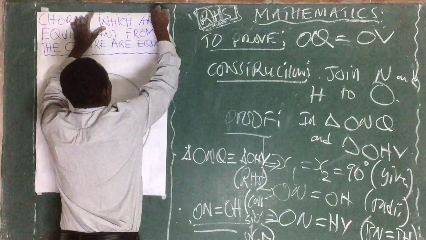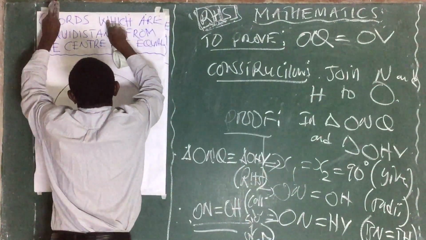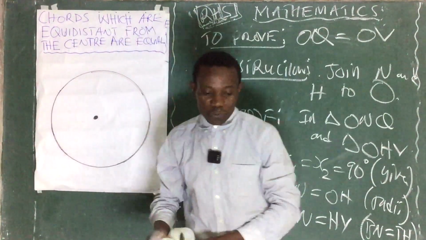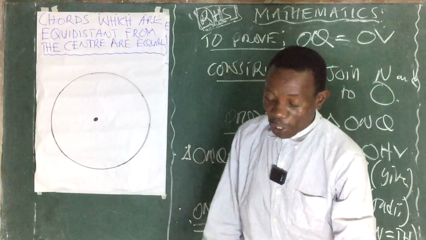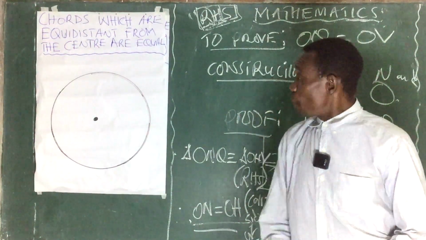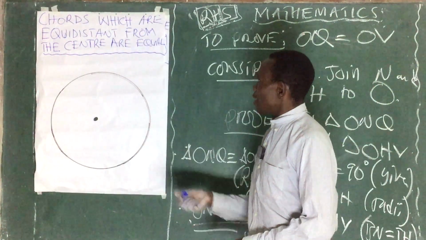In case you might be asked to prove the opposite way, that is, now you have chords which are equidistant, how can you prove that the chords are equal? So in the converse of the first property, equal chords are equidistant, now the reverse is true.